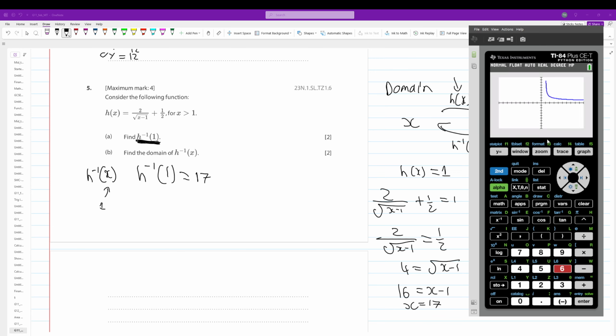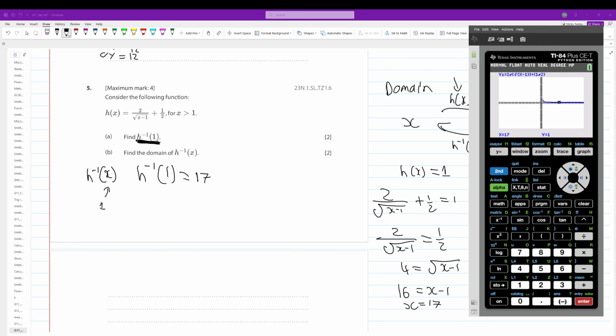There we go. I can trace for the x value of 17, which is telling me invalid, and which should be giving me 1. So let's zoom out a little bit more, shall we? So trace, x is 17, y is 1. There we go. Super.